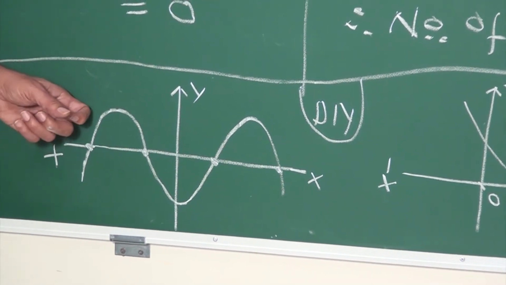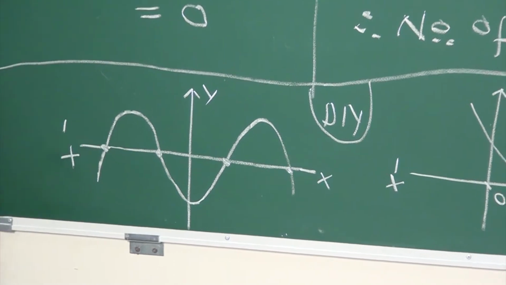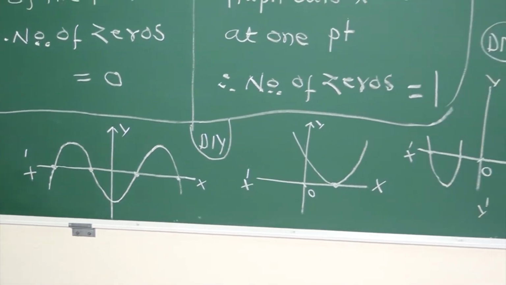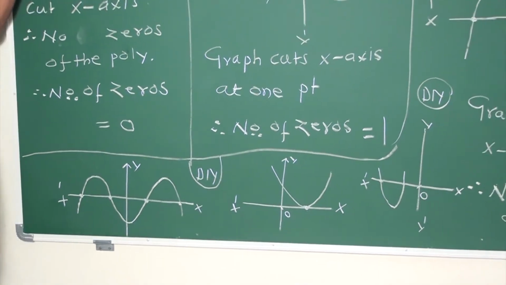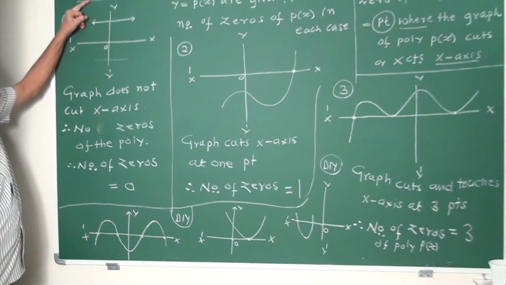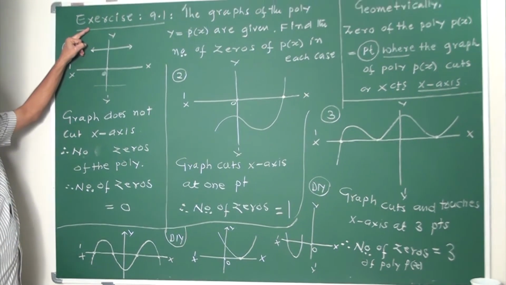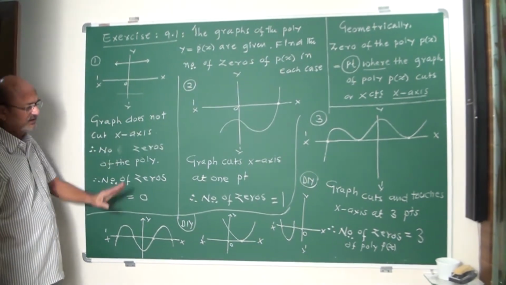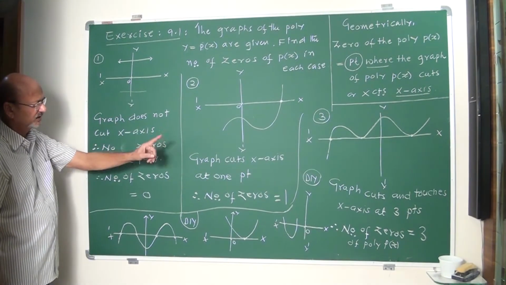Therefore, there are 4 zeros. These are some examples that I have collected from your textbook Exercise 9.1.